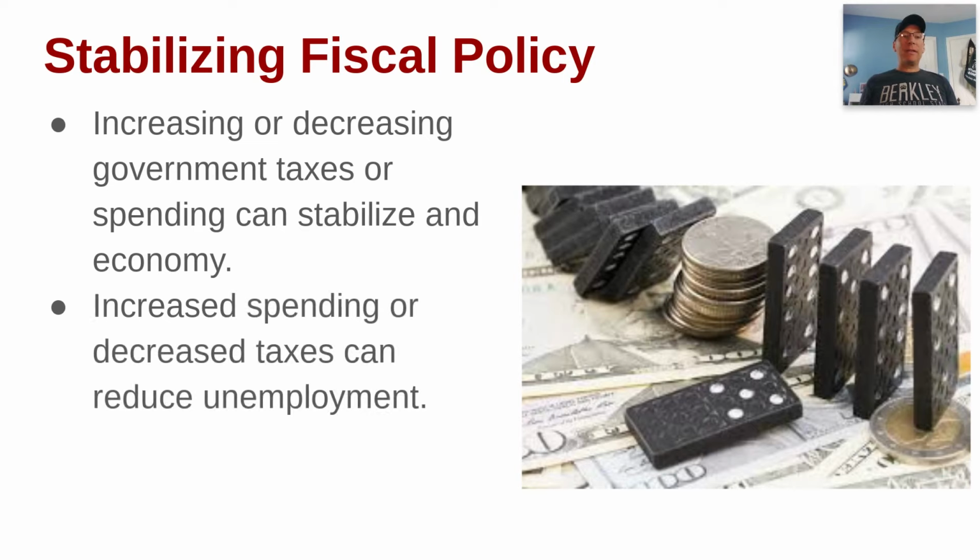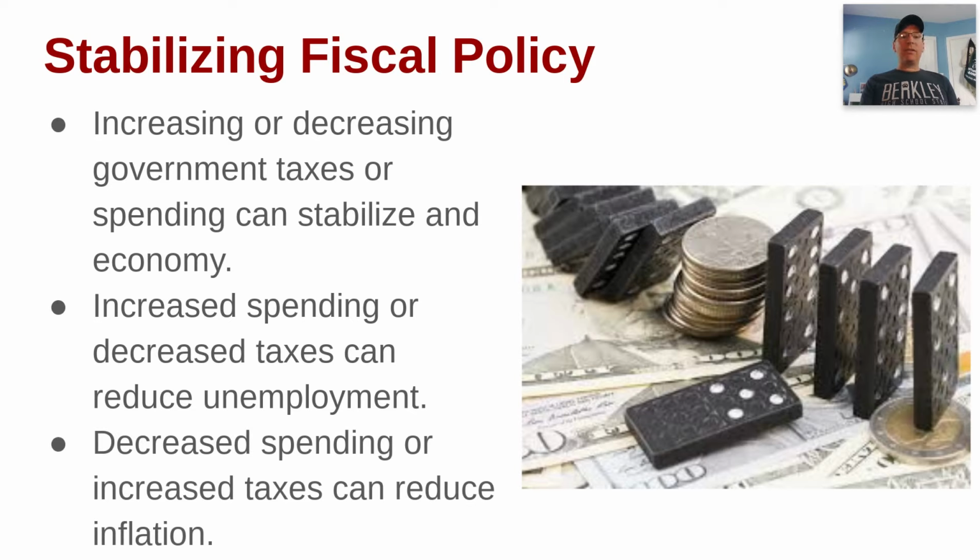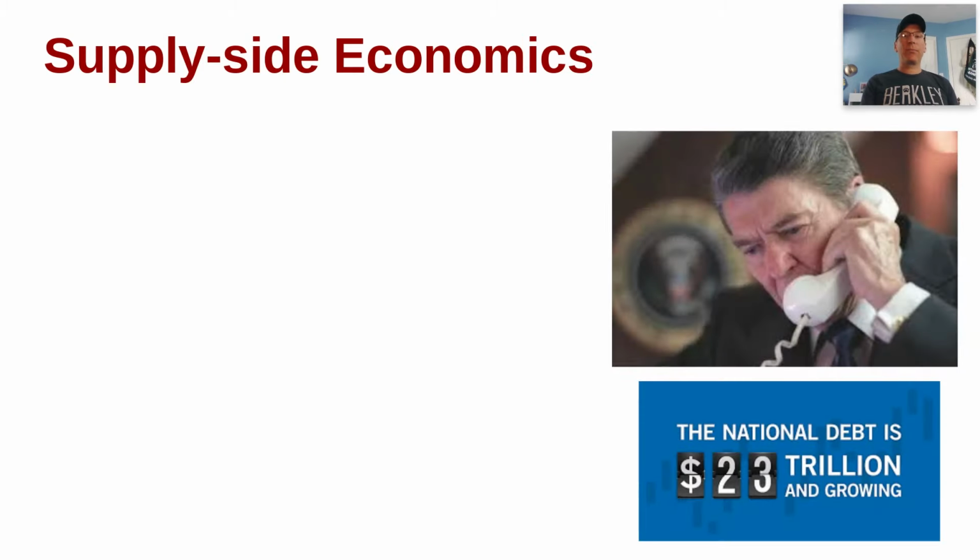Fiscal policy can be used to do this. Increased spending and decreasing taxes can reduce unemployment. Decreased spending and increased taxes can reduce inflation. Again, these are the two things that the government is most concerned about: unemployment and inflation. We want to make sure that we are controlling for those numbers.